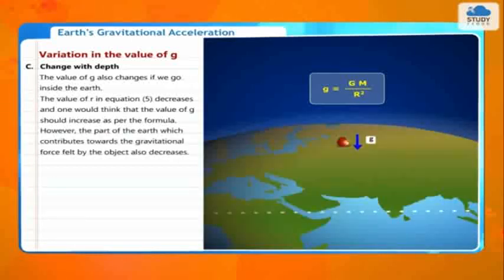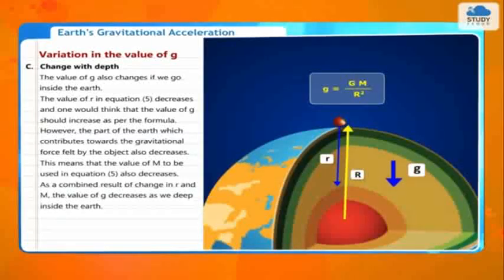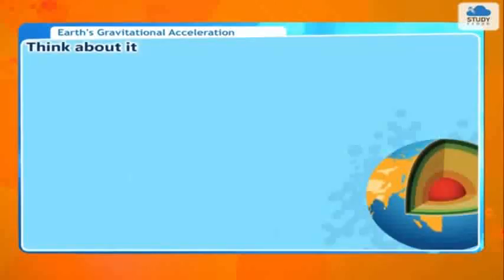However, the part of the Earth which contributes towards the gravitational force felt by the object also decreases. This means that the value of m to be used in equation 5 also decreases. As a combined result of change in r and m, the value of g decreases as we go deep inside the Earth. Think about it.